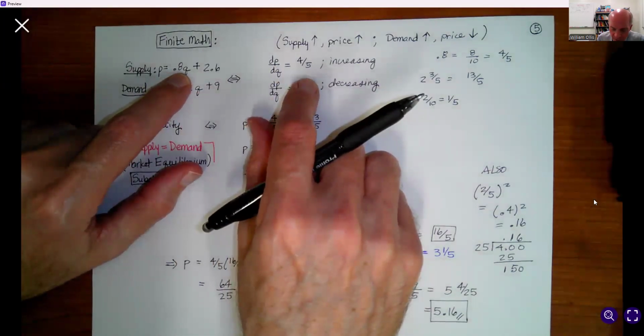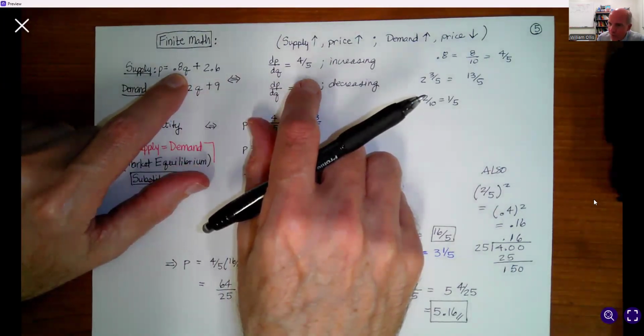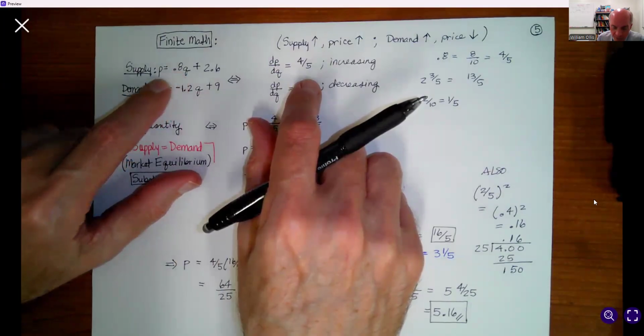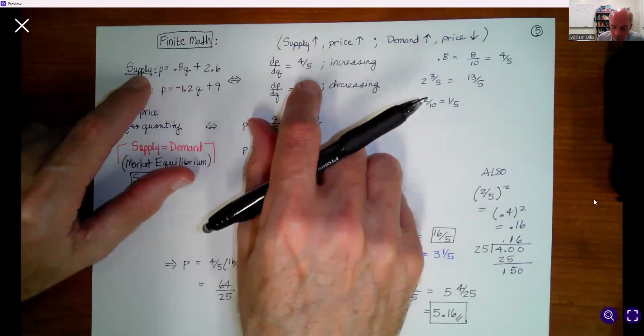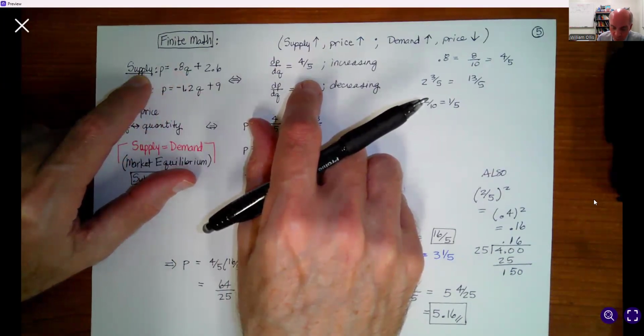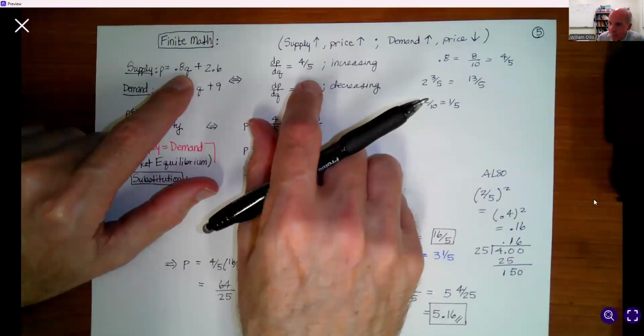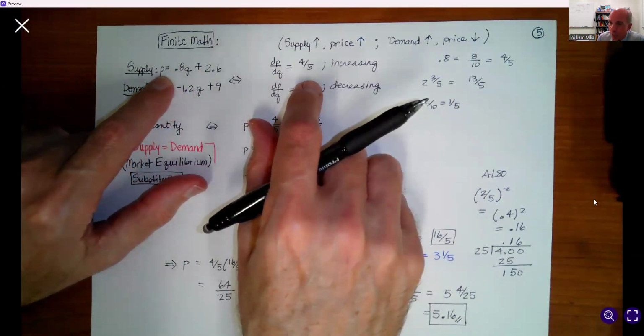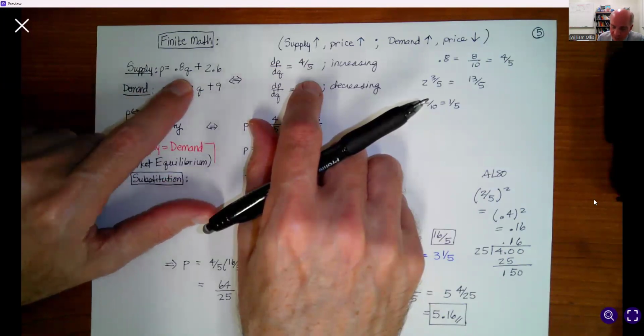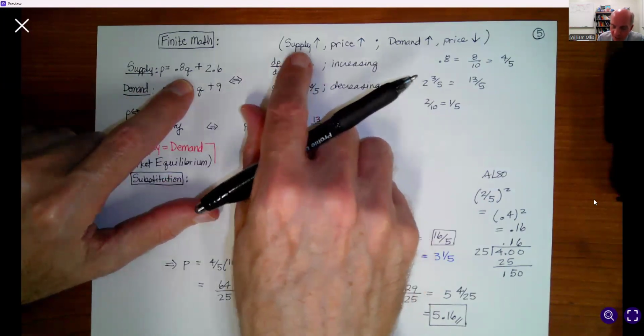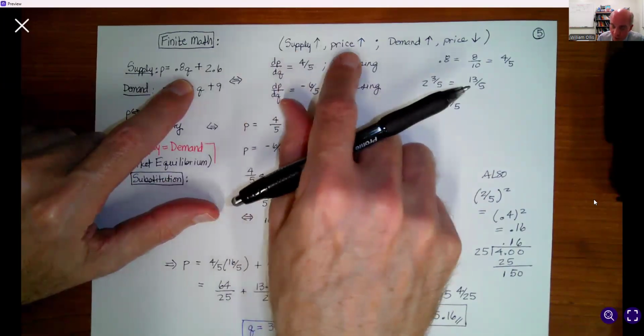We have a positive slope for the supply equation, so we're going to have an increasing function, where the Q, the quantity, is the independent variable and the price is the dependent variable. So basically we see here, if supply increases, so does price.